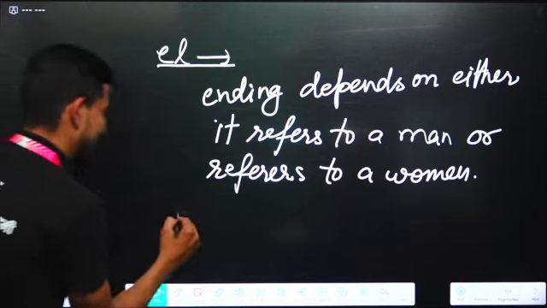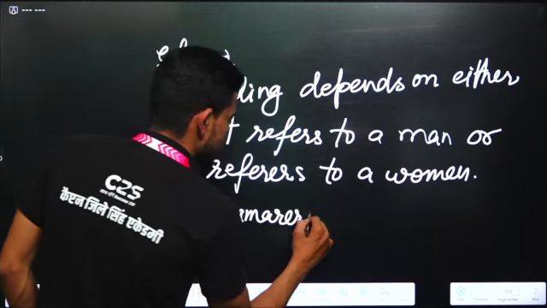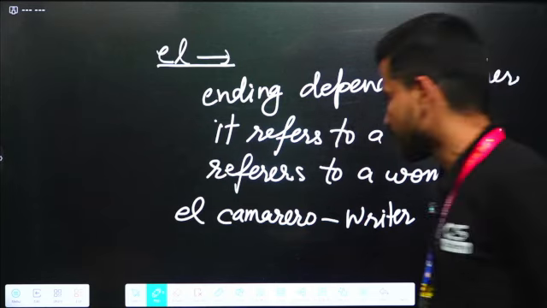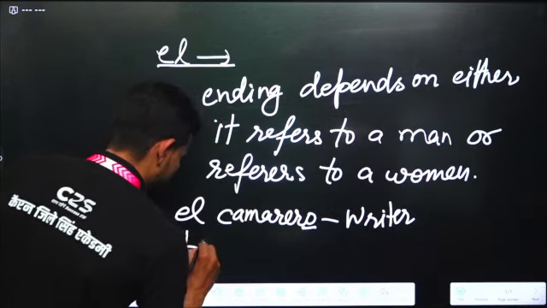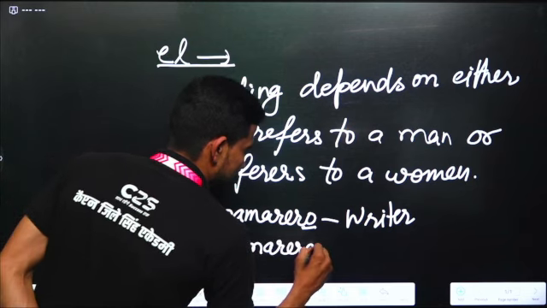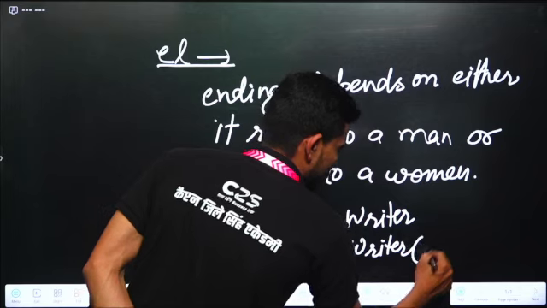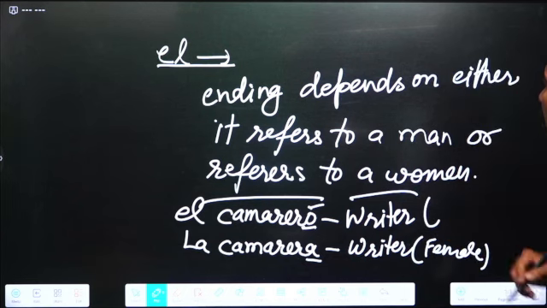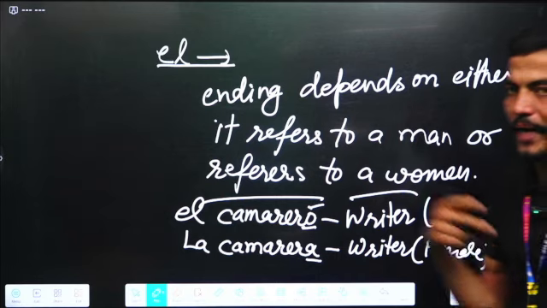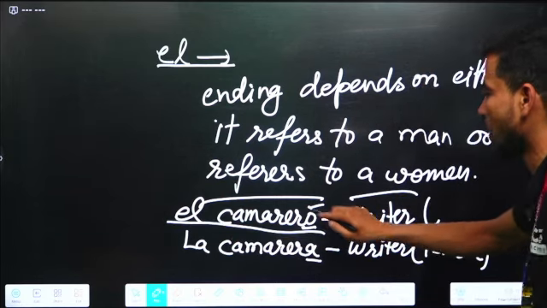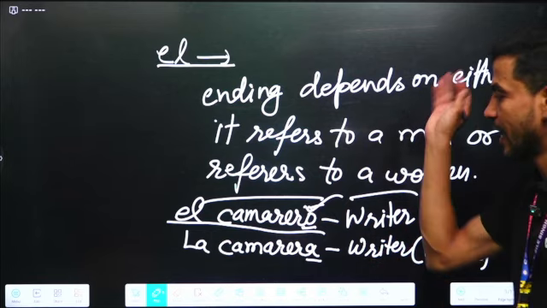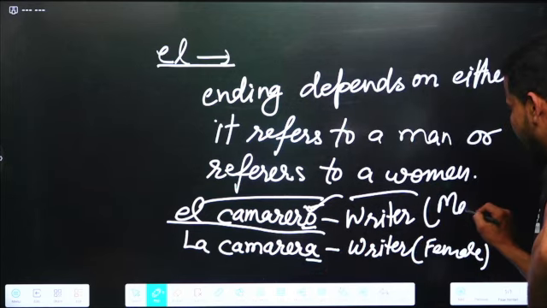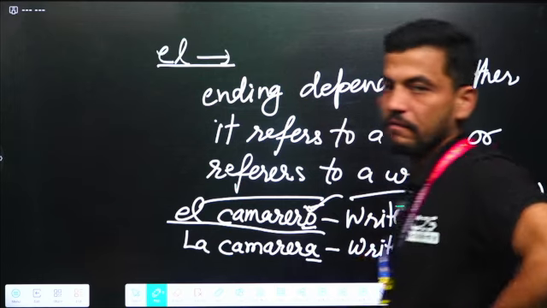For example, el camarero, ending in O, means a male waiter, and la camarera, ending in A, means a female waiter.